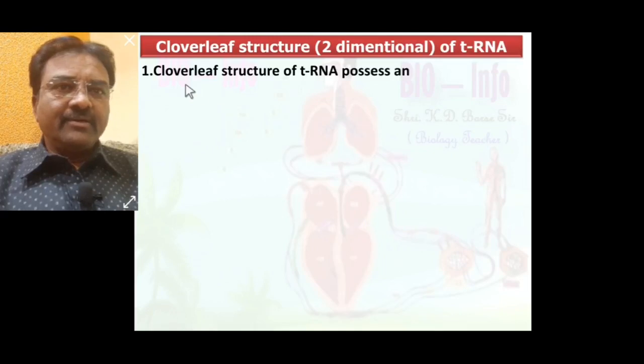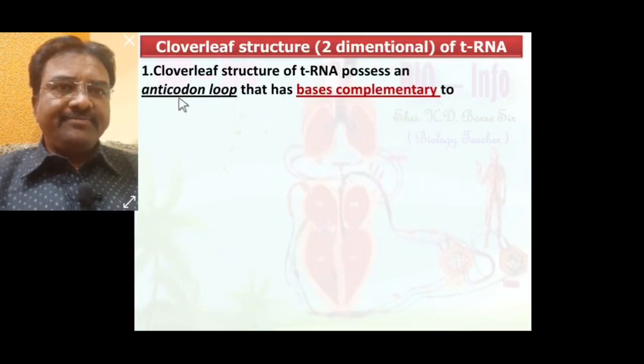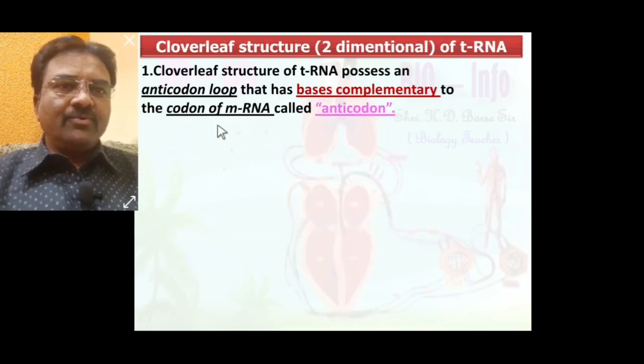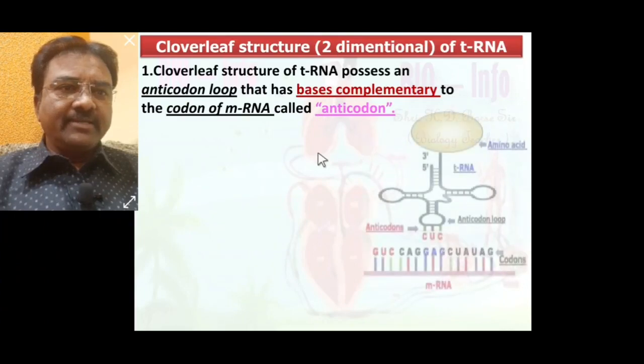You know that the clover leaf structure of tRNA possesses an anticodon loop that has bases complementary to the codon present on mRNA, called the anticodon.